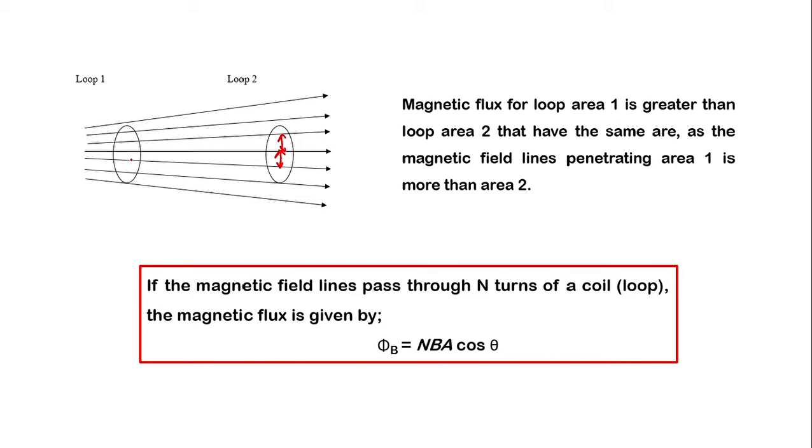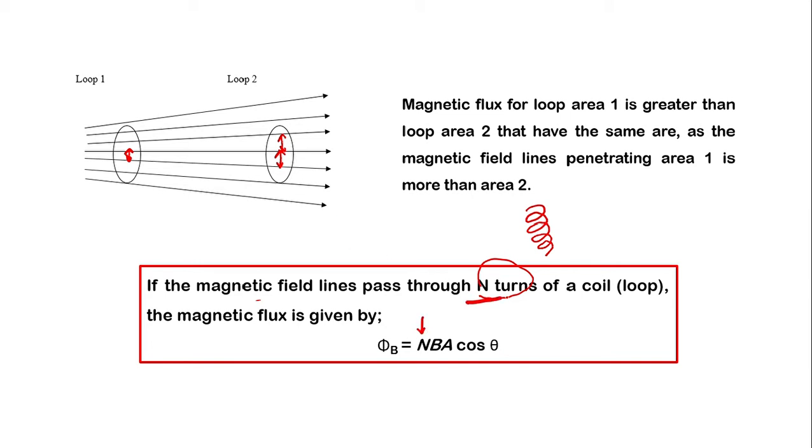So compared to this one, loop 1 has a larger magnetic flux compared to loop 2. If the magnetic field lines pass through a coil, kalau dia ada number of turns, maksudnya dia ada beberapa coil kat sini, the magnetic flux is given by NBA cos theta. Sama je, cuma dia tambah N. N is the number of turns.